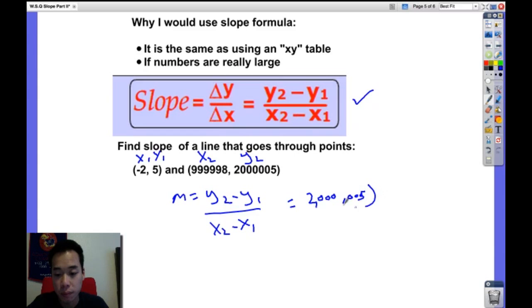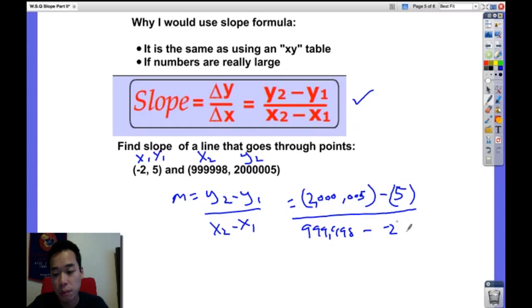2,000,005 minus 5 over 999,998 minus negative 2. And then I'll move it over so we can see it a little bit better.